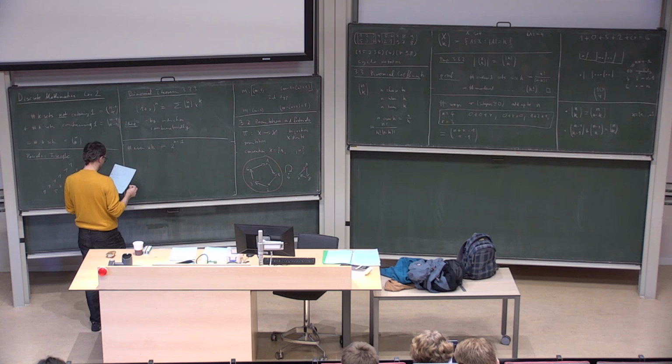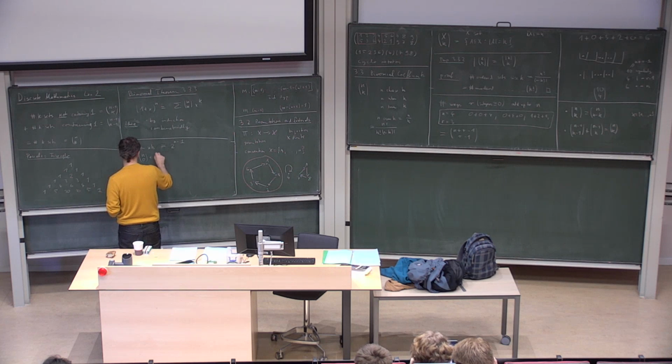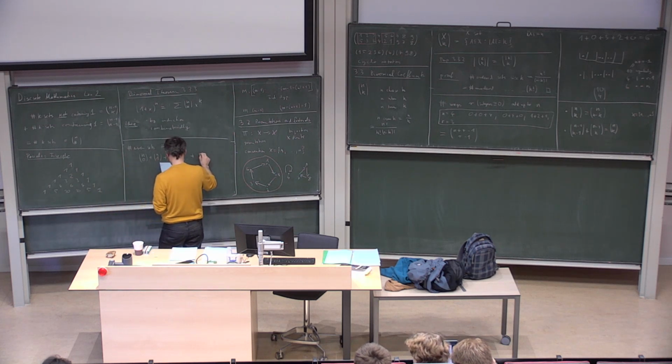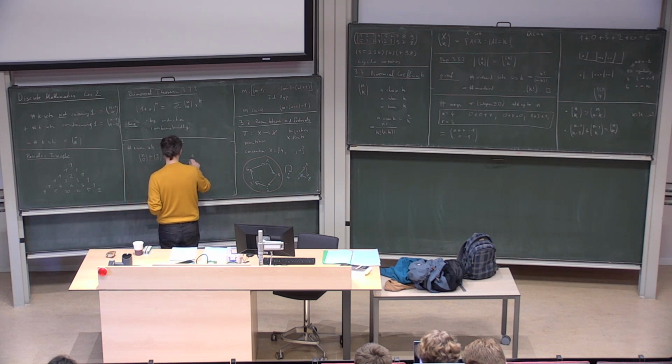Using the binomial coefficients, there's a better way to do it. We write n choose 0 minus n choose 1 plus n choose 2, we alternate minus, plus, minus, and so on.